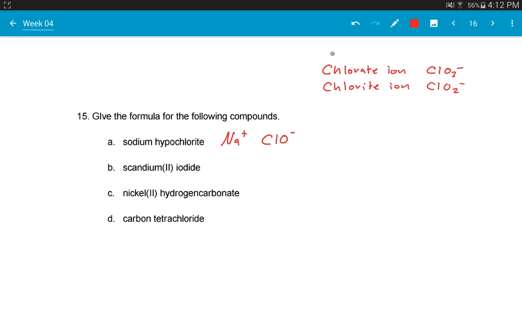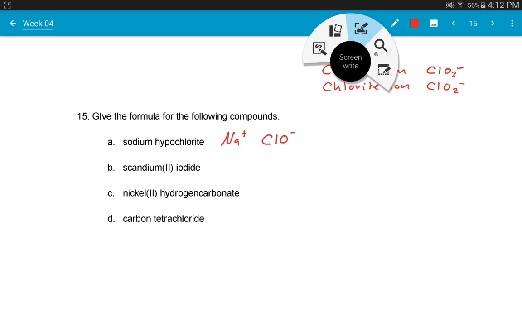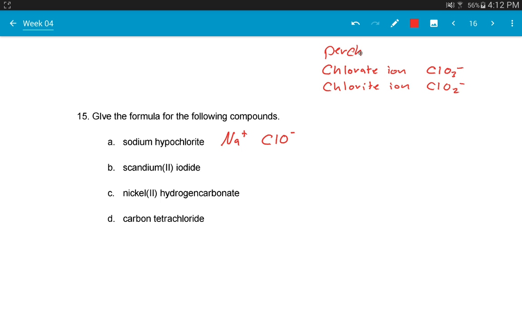But beyond these, even more extreme, are the perchlorate ion, ClO4 negative, and in this case, the hypochlorite ion of just ClO negative.